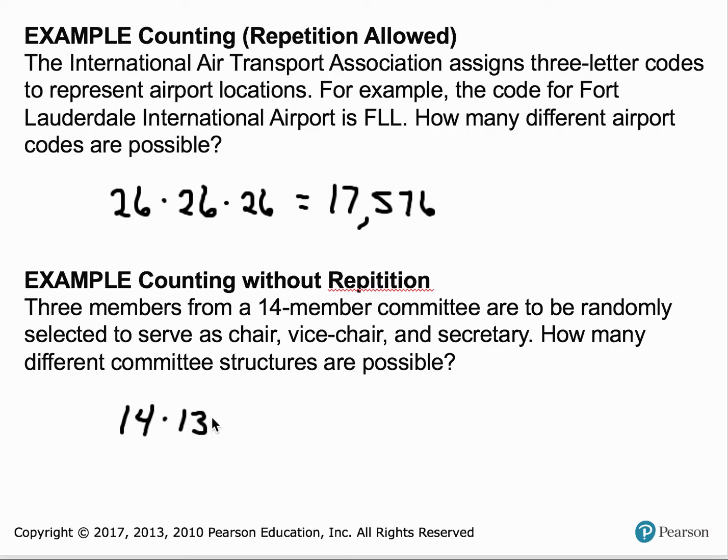And so once Fred is vice chair, Joe and Fred are not available to be secretary. So that leaves only 12 people that you can choose. So that would be 14 times 13 times 12, or 2,184. So when we're using this fundamental counting principle, be sure and consider whether repetition is allowed or not.